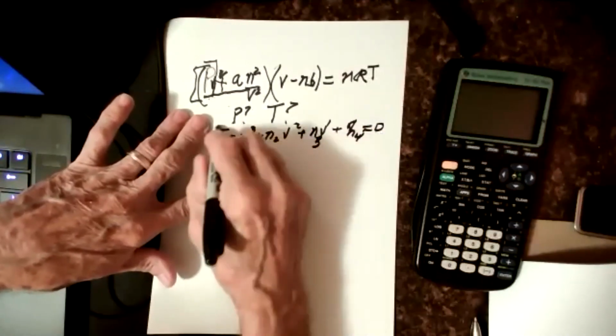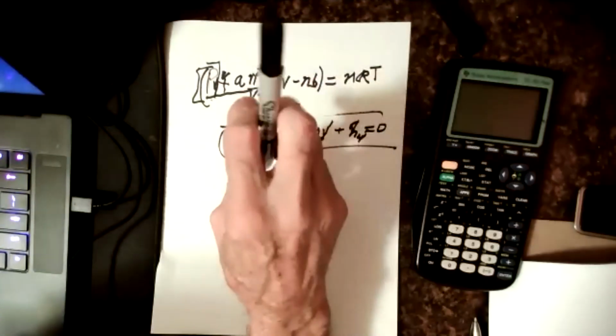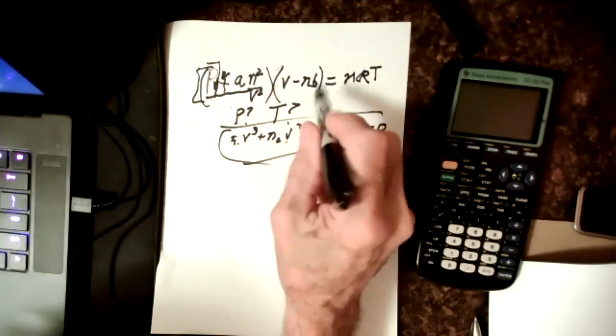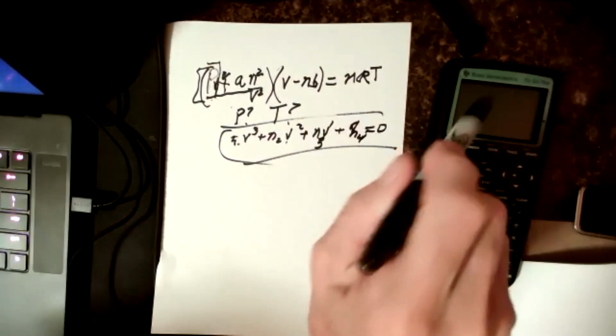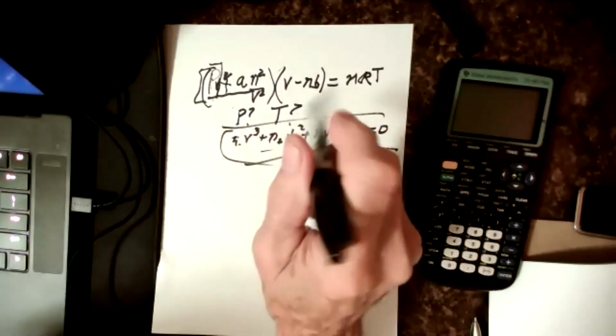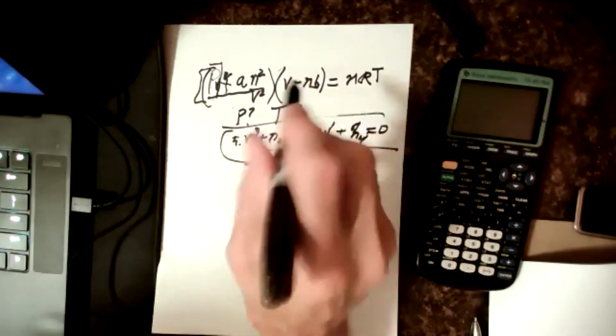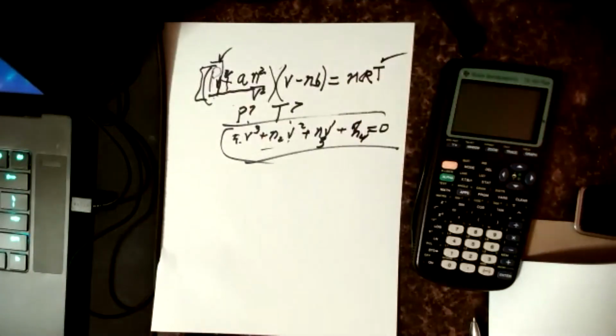I'm going to have a cubic equation to solve, and that's kind of difficult. You'd have to put it in the standard cubic form if you have a cubic solver in your calculator. So honestly, I'm not going to ask you for the volume, but I can ask you for pressure or temperature, either one. And it's a reasonable problem. Temperature is a little bit easier than the other one.